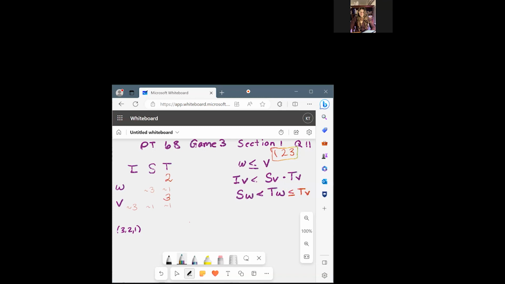So SW has to be less than TW. And we said that TW has to be 2. So what would SW have to be in this situation? Yeah, exactly. So SW has to be 1 because it has to be less than TW, and TW is 2. Very good.